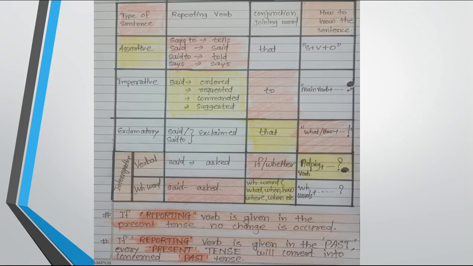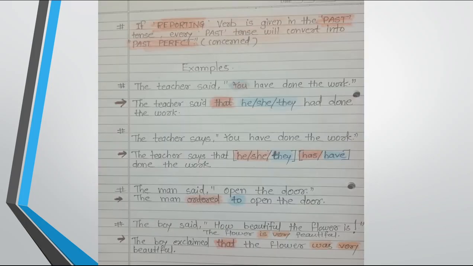How to identify an assertive sentence? There are two types of sentences in direct indirect. The sentence which is given outside of the double inverted commas is called the reporting sentence. Here is the example: The teacher said.